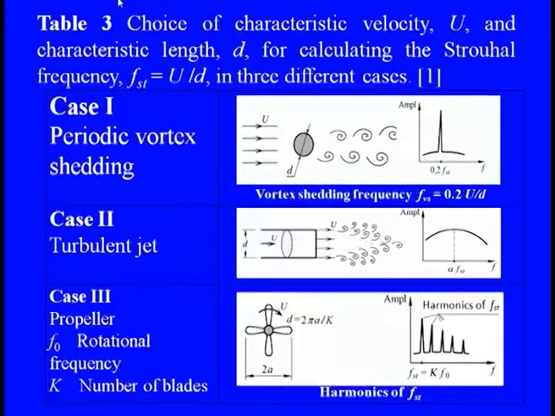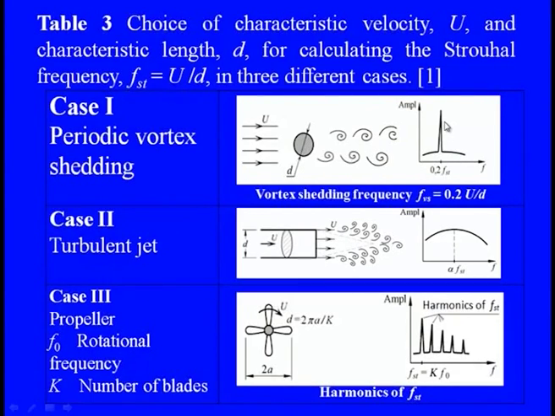So here we have all three types of cases, right from proper periodic vortex shedding to the propeller action. When periodic vortex shedding is there, the U velocity is all along the streamline, and when it passes through the cylindrical barrier, we have some kind of wave formation, and whatever excitations come are well-featured excitations.